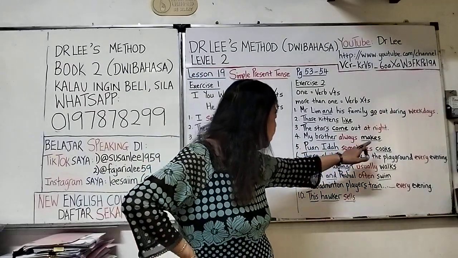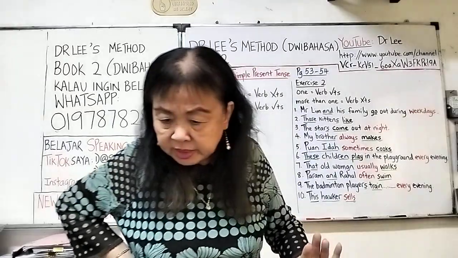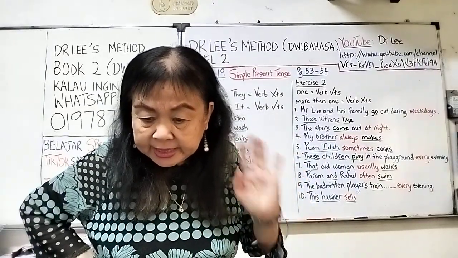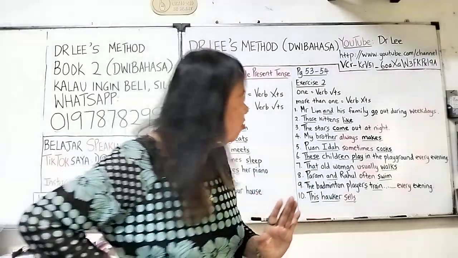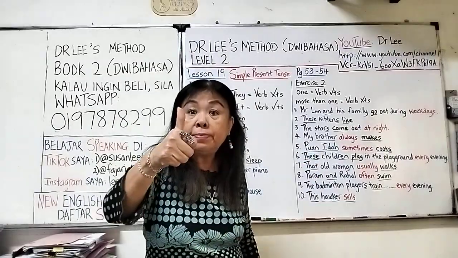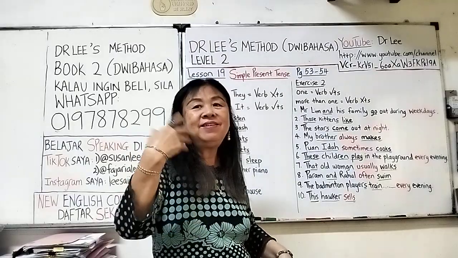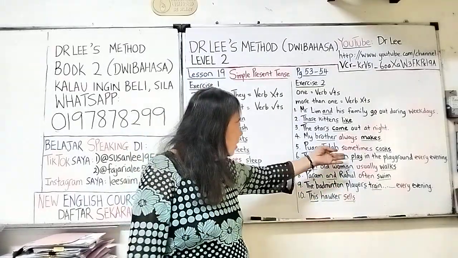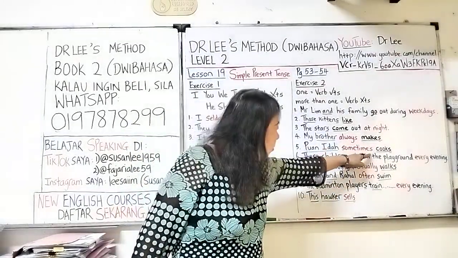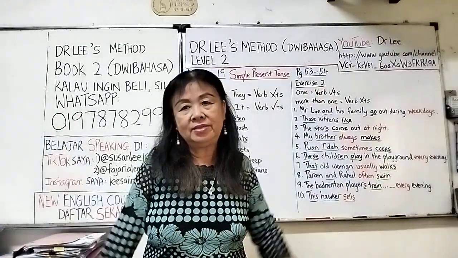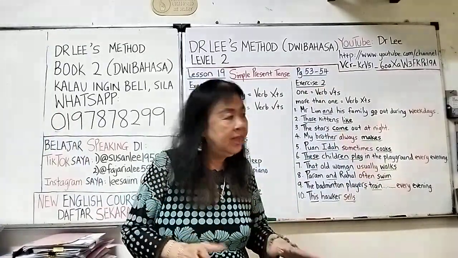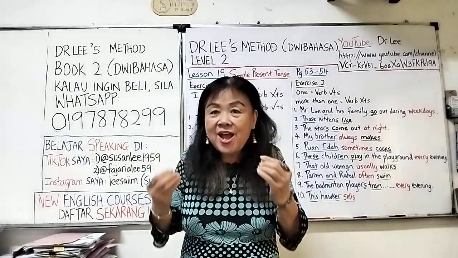Puan Ida sometimes cooks chicken curry for her family. Puan Ida is one person. So the verb cook, you must put S. And again, it's the same old story. Students see sometimes with the S here, so cook, they don't put S. But again, I tell you, sometimes it's not a noun.